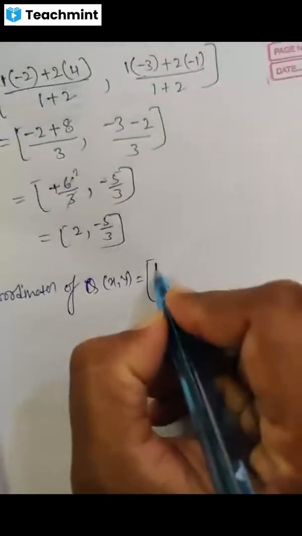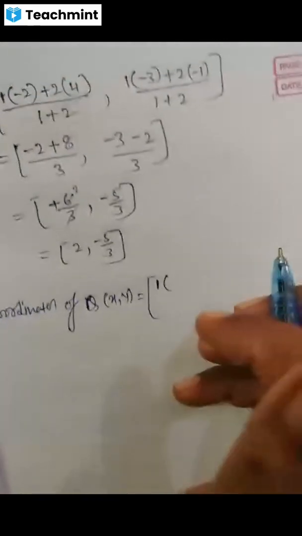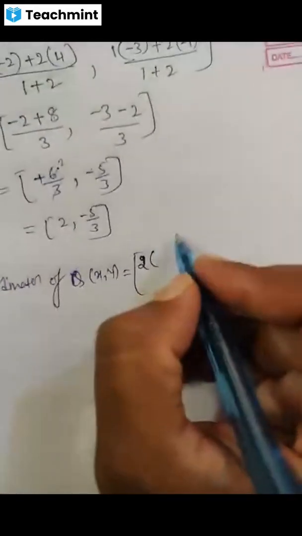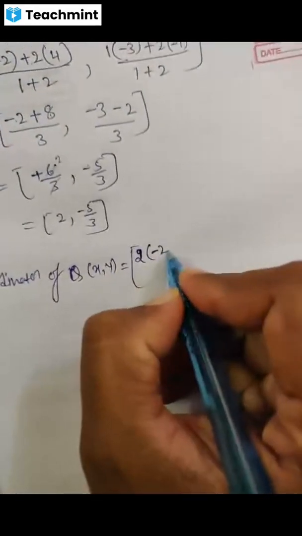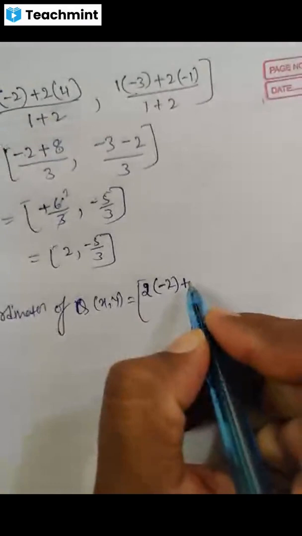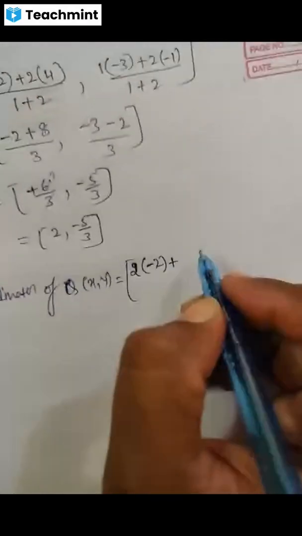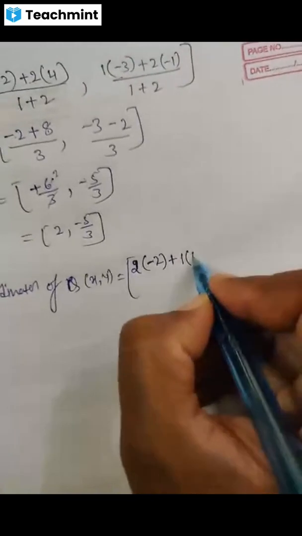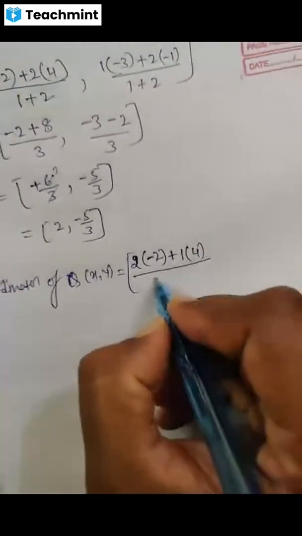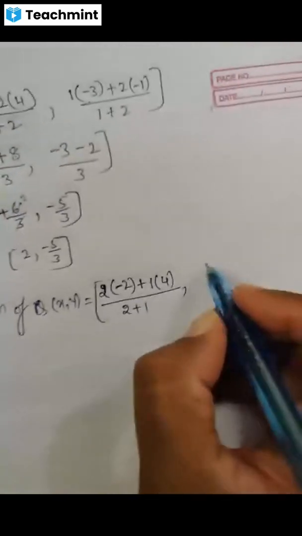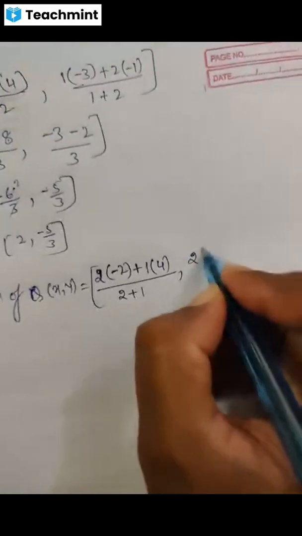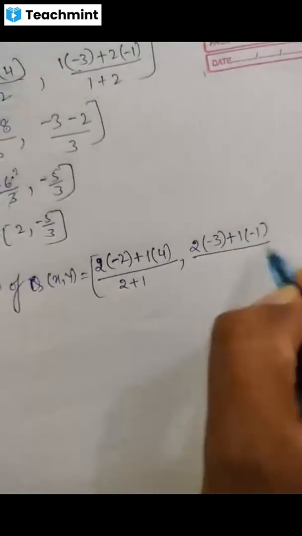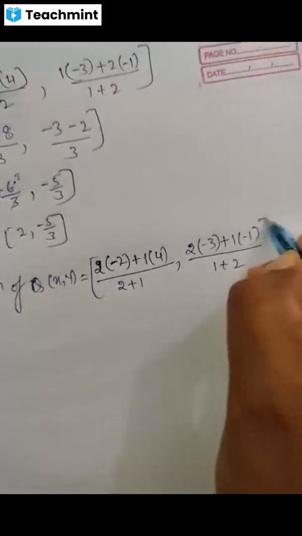What is m? m is 2 here, y2 is minus 3, x2 is minus 2, x1 is 4, n is 1. So (2 into minus 2 plus 1 into 4) divided by 2 plus 1, comma, (2 into minus 3 plus 1 into minus 1) divided by 2 plus 1, m is to n.